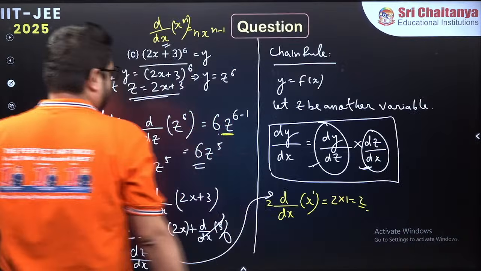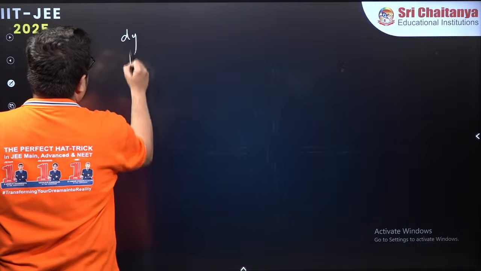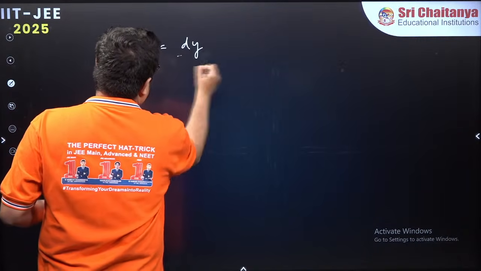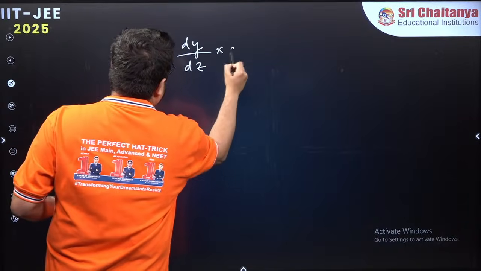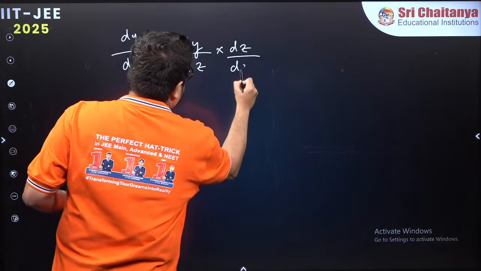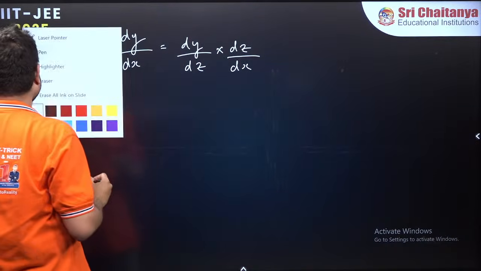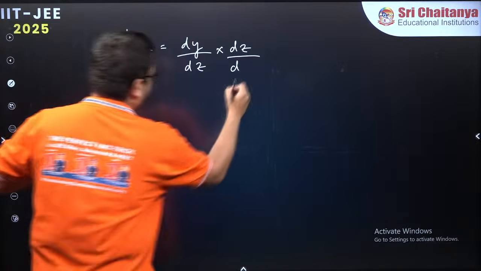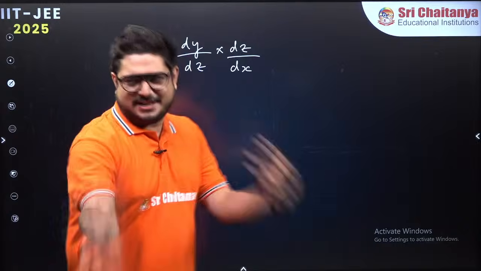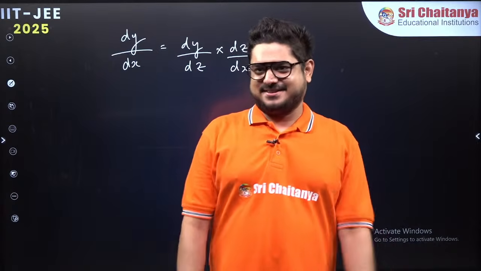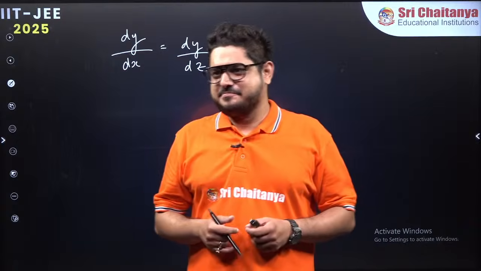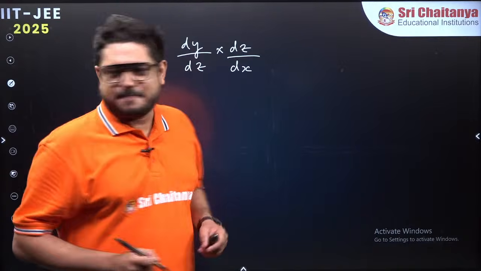Okay? So let's move to the next page. Once again, I am trying to write down the exact expression of dy by dx, which is equivalent to dy by dz into dz by dx, isn't it? I hope it's clear to everyone. If not, keep on asking. I will profoundly explain it over and over again until you understand everything. Okay? So now what we need to do?